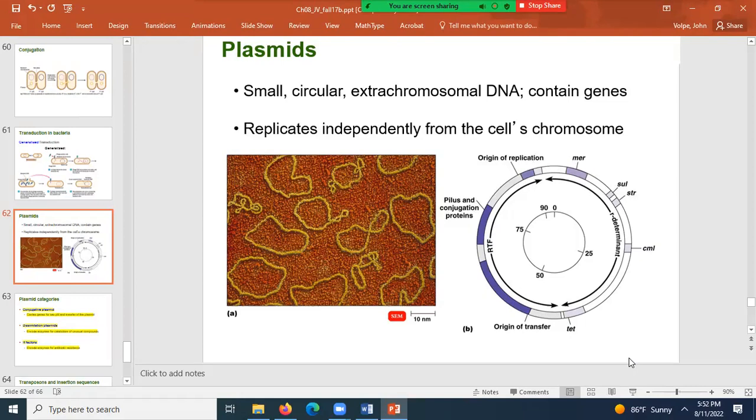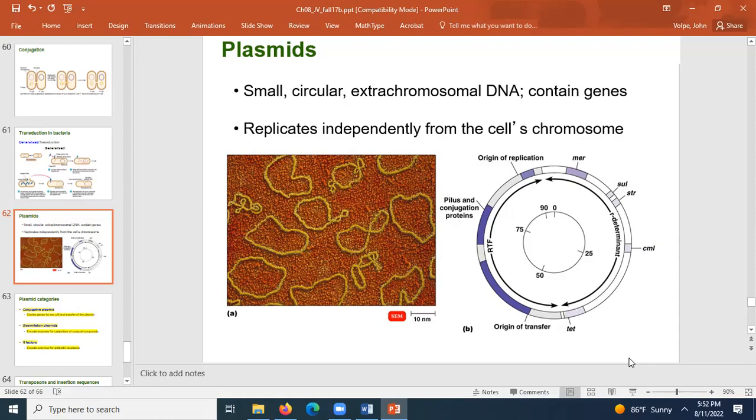So only a handful of genes in a plasmid. The bacterial chromosome, on the other hand, has something like 20,000 genes, depending on which bacteria it is. And so it's much larger, has many more genes.